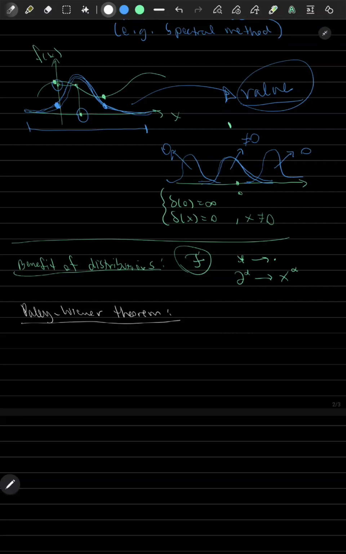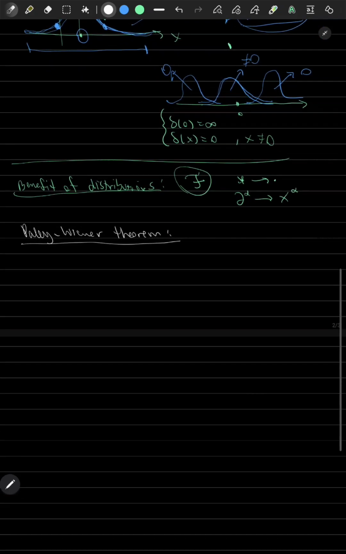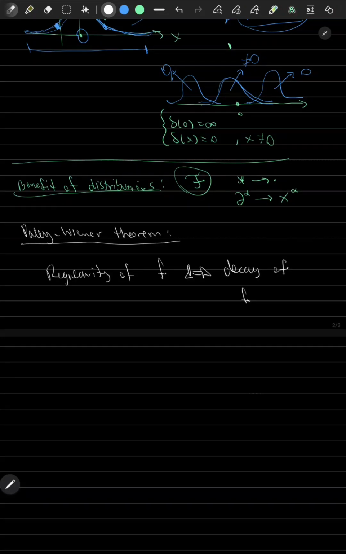So in the classical case, if we take the Fourier series of functions, there is an association between the regularity of a function and the decay of its Fourier coefficients. So I'll denote that by f hat, the decay of Fourier coefficients.